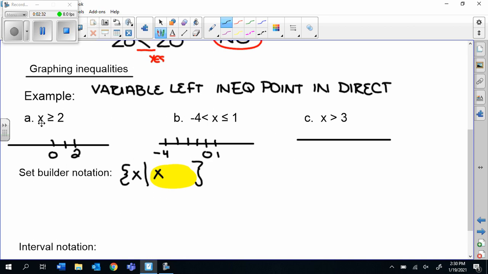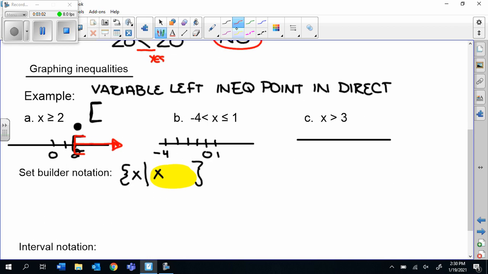But x is on the left here, and so it equals 2. So we have a bracket. Back in the day, you might remember it as a closed circle situation, or a hard bracket like this. And then we're going to move to the right. So it's all of these numbers here. So that is a hard bracket there, and then goes to the right indefinitely.